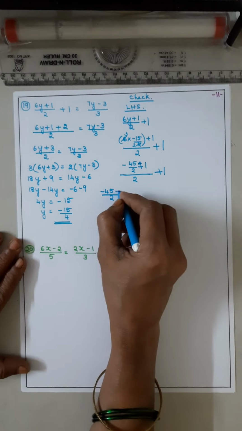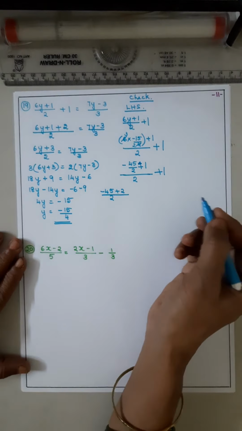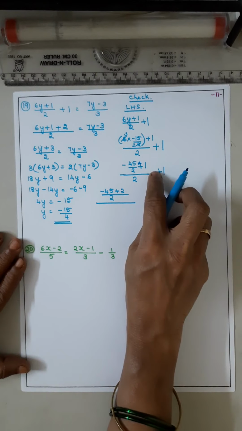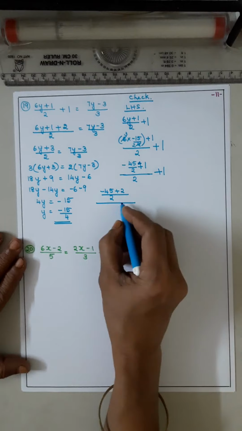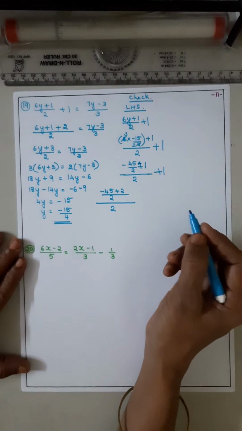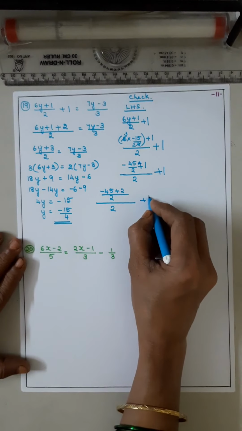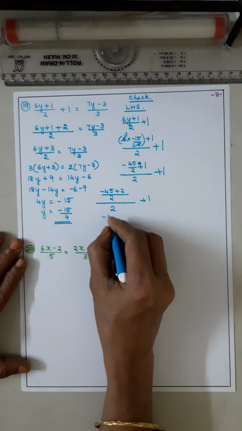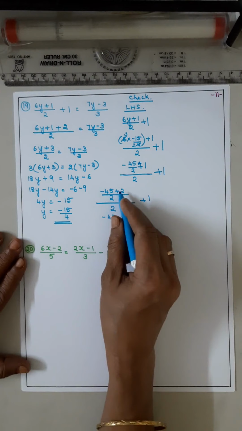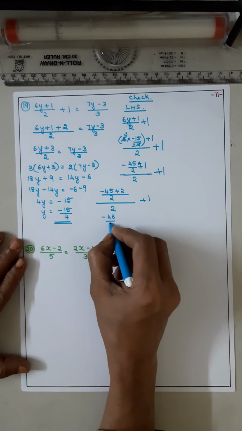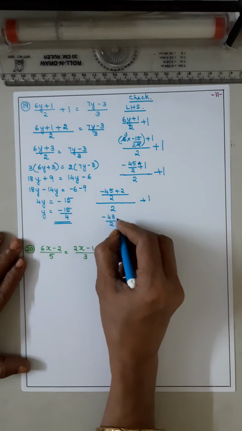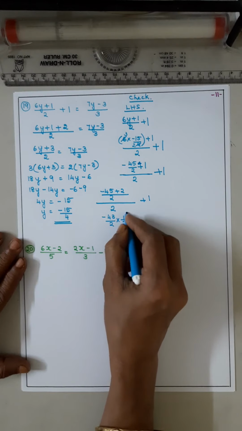Now what does 1 mean? The numerator will be 2. Draw the big line of the numerator over denominator, 2 plus 1. So this one will be minus 43, isn't it? Minus 43 by 2, and what does divide by 2 mean? Multiplied by 1 by 2.